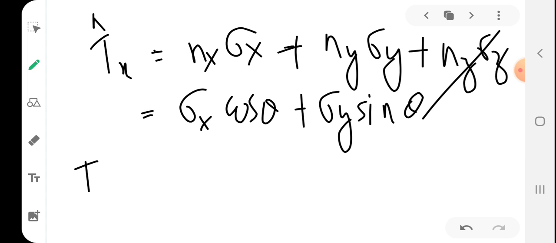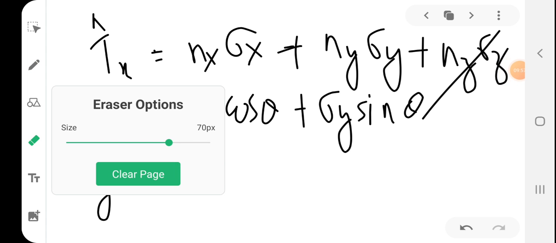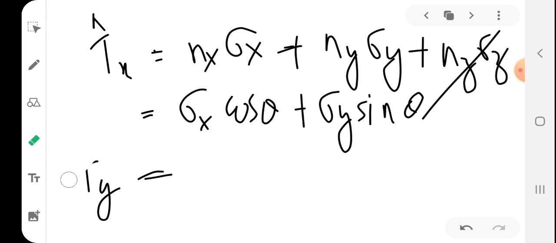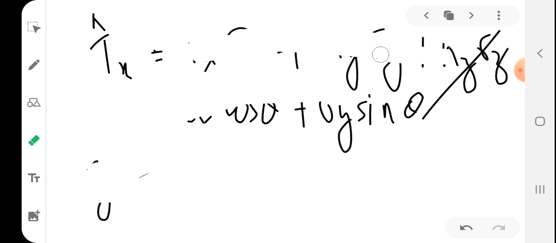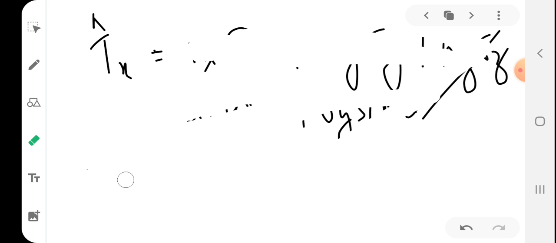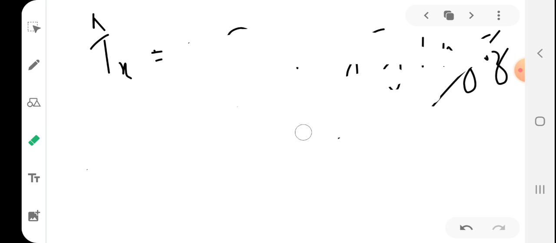Similarly, the t vector's y component will be what? Sorry, here is a mistake. Actually this is wrong. How to write Tx? Tx is nothing but not this way. I'll show you.